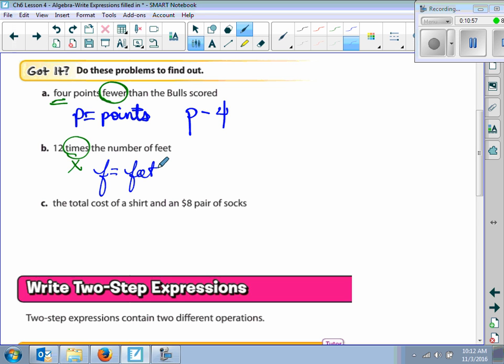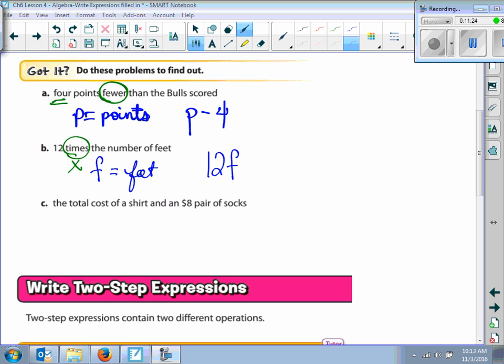What's my expression? 12 times F. Do I use the X? No, it means 12F. Or you could use a dot, or a parentheses. But when you're dealing with algebra, that's how you usually see it, okay?